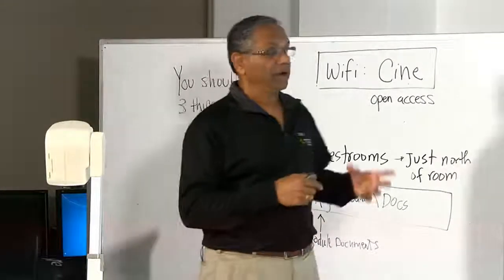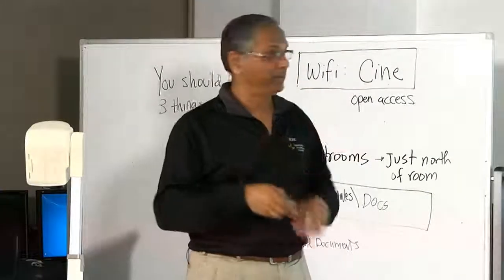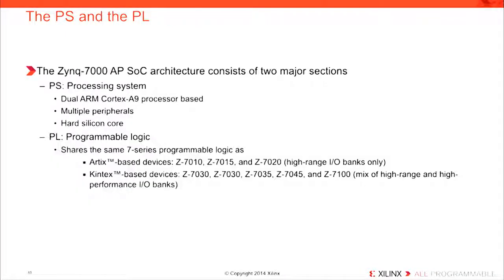Right? The PL section will have various IPs, PL for programmable logic, and the CPU can talk to the PL section IPs through various ports here. Okay? And so this just shows you that you have two subsystems. There are 7 family members.